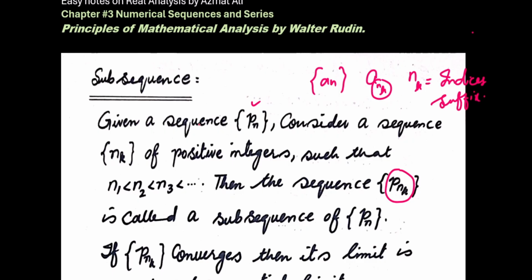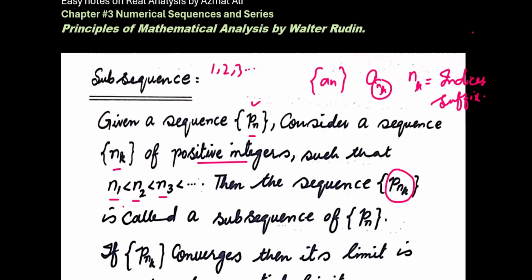So given a sequence Pn, consider a sequence nk, that is the sequence of indices, and these nk are actually positive integers, meaning they belong to the set of natural numbers 1, 2, 3, such that n1 is less than n2, n2 is less than n3, n3 is less than n4.